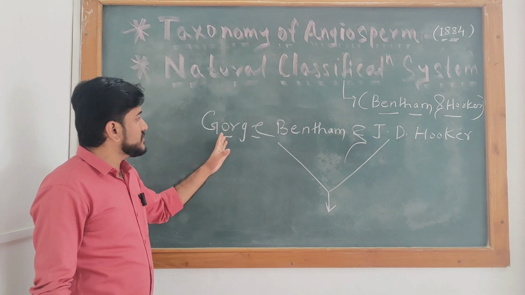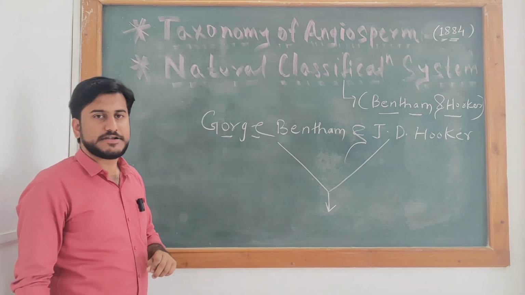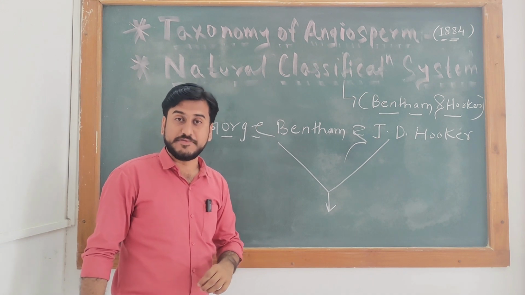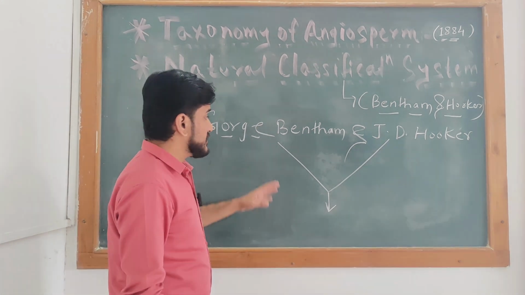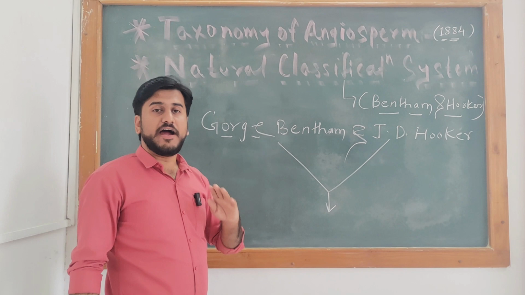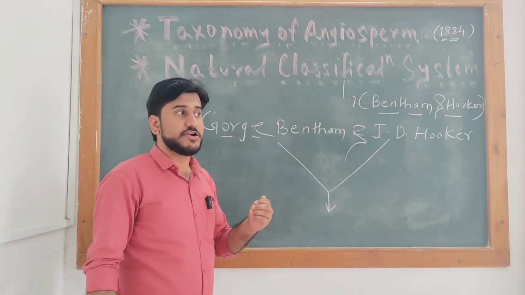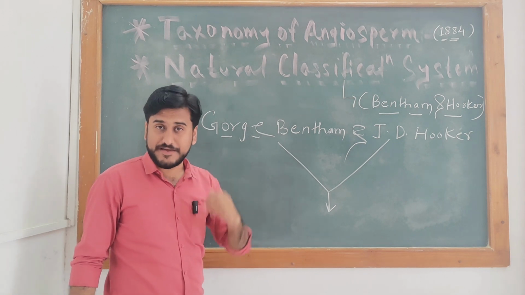According to the Bentham and Hooker classification system, plants are divided into different groups according to morphology, and into different groups according to anatomy.